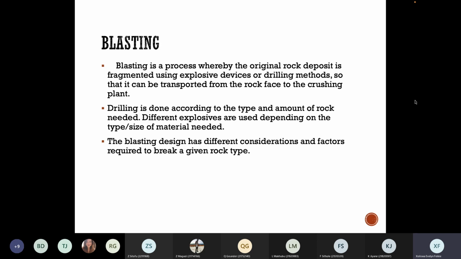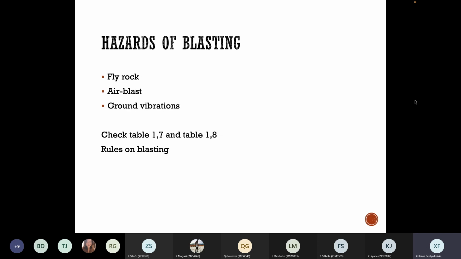Then they will come with the blasting design and the method that is suitable to produce whatever it is that you need. So if you need smaller fragments, they will have a design for that. If you need bigger fragments, they will have a design for that as well.